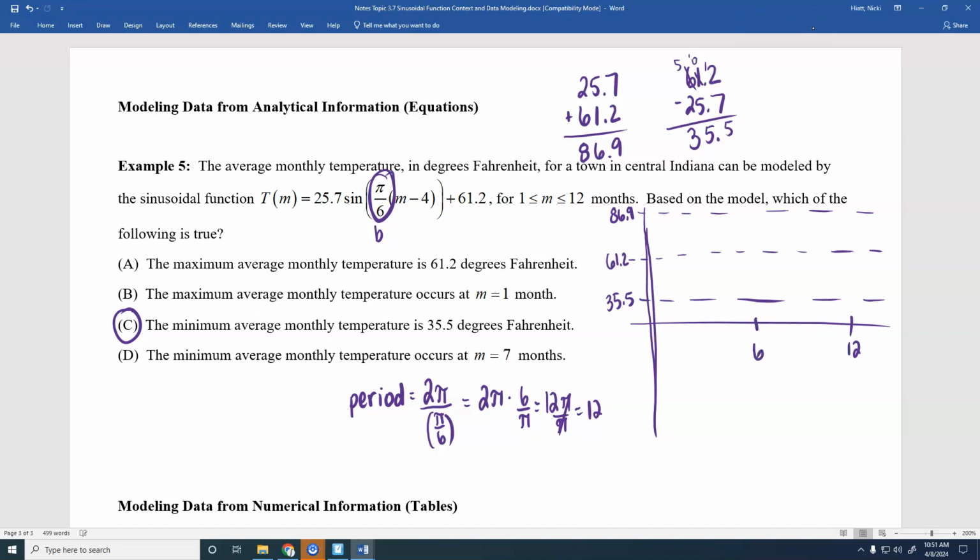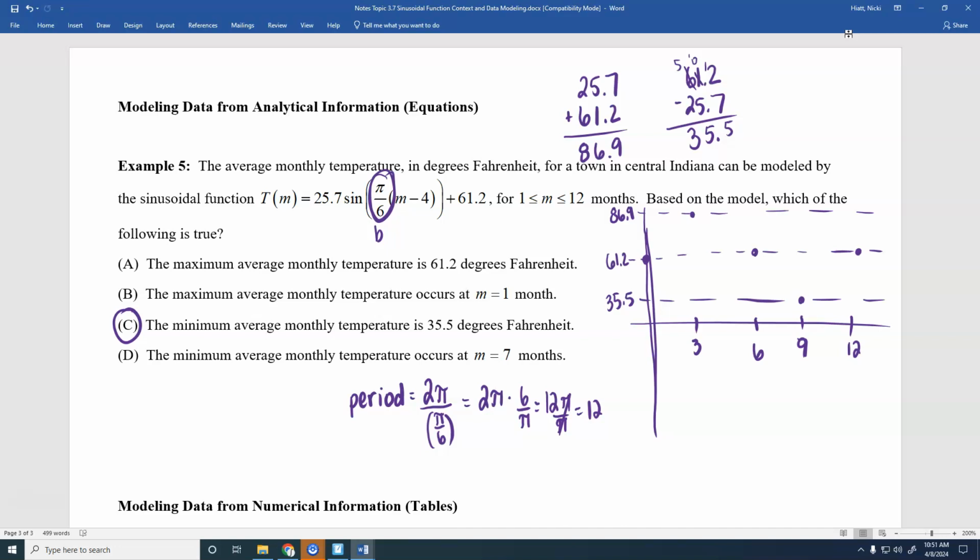So what would happen here is a normal sine function. If it was a normal sine function, it would start right here at the midline. It would go to the maximum, midline, minimum, back to the midline. Those are the points we'd have for a normal sine function. But this particular graph has been shifted.